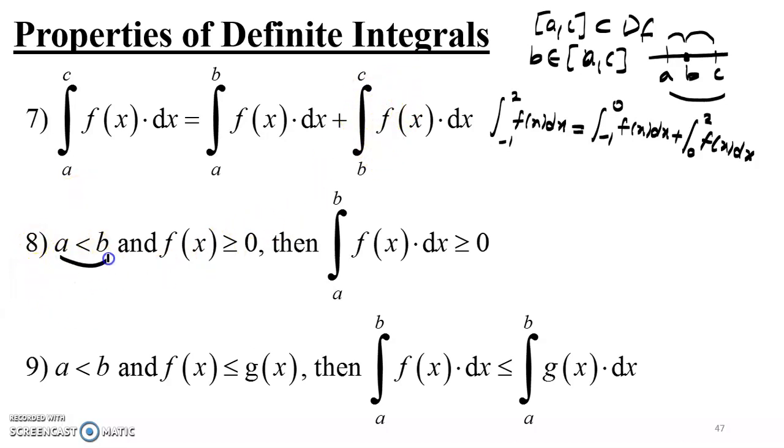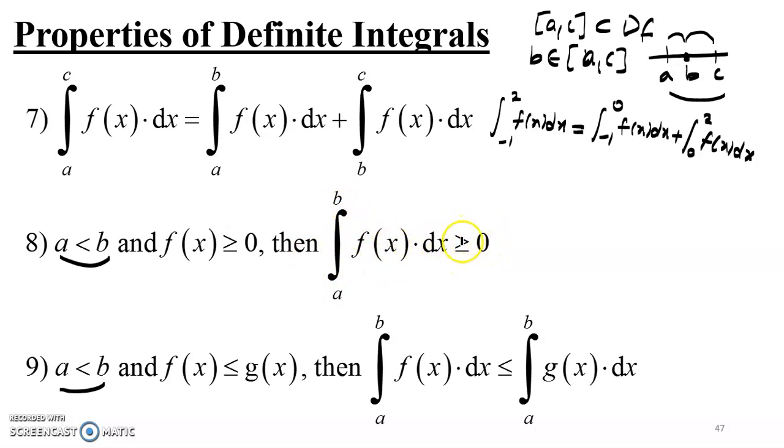And over here, of course, these properties are true whenever you're dealing with an integral where the lower bound is smaller than the upper bound, naturally. So if A is smaller than B, and the function you're integrating is positive, then the integral of f of x between A and B is positive.